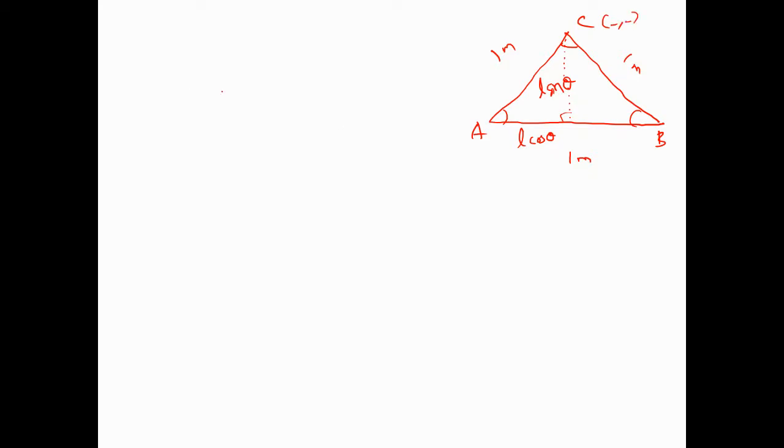Yes. So first of all, I am going to write what is given in the question. In triangle ABC, AB is equal to BC, which is equal to CA, which is equal to 1 meter. And in an equilateral triangle, all angles are 60 degrees.